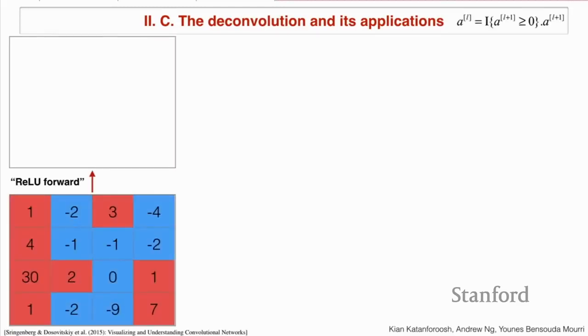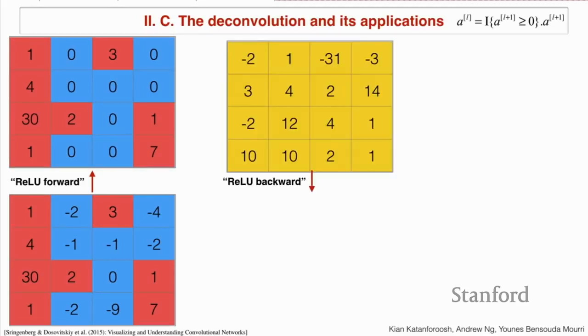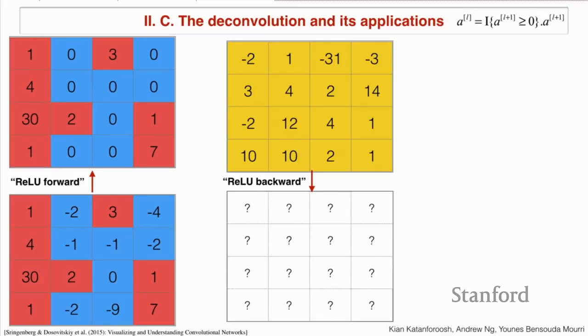I give you this input to ReLU and I forward propagate it. What do we get? All the negative numbers are going to be equalized to 0 and the others are going to be kept. Now, let's say I'm doing a back propagation through ReLU. What do I get if I give you that? This is the gradients that are coming back and I'm asking you what are the gradients after the ReLU during the back propagation.